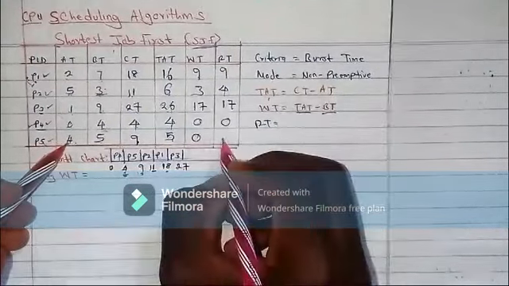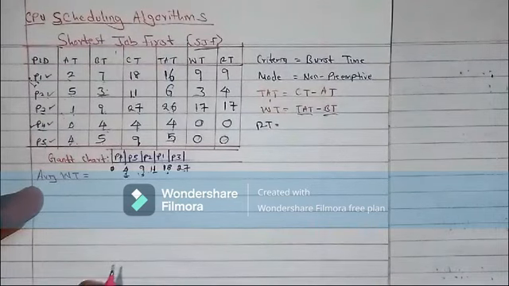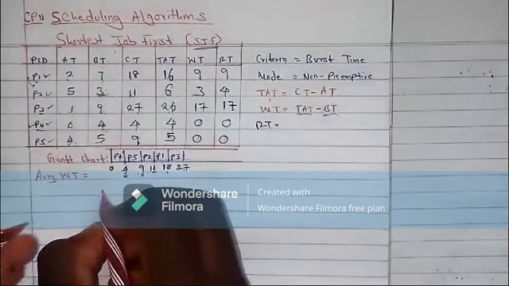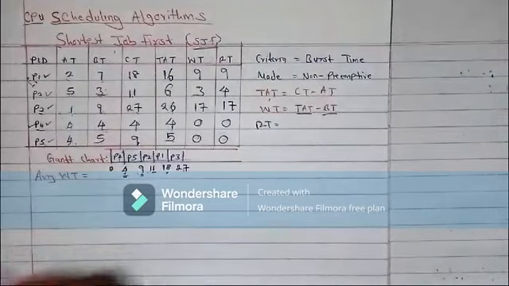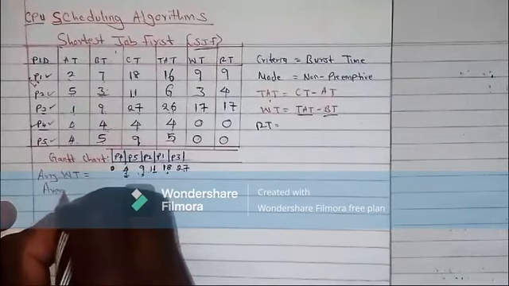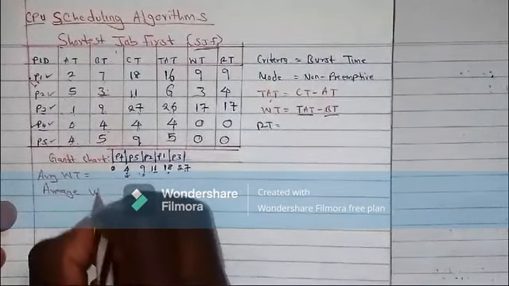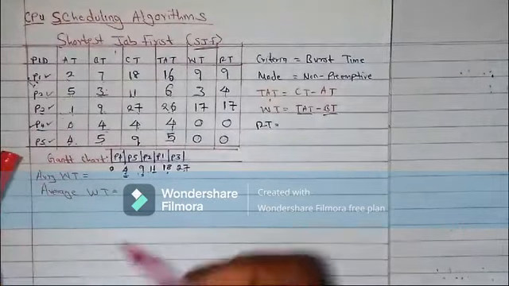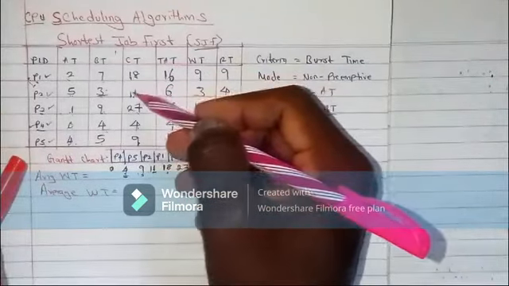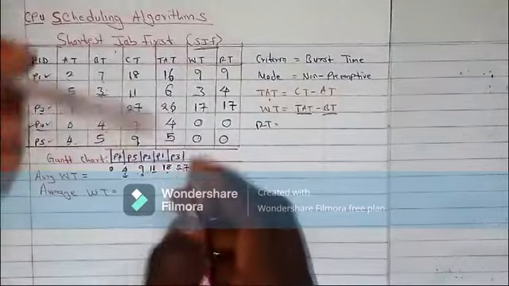Now, after doing that, we want to calculate the average waiting time. You add all the waiting times from process 1 to process 5. That is, the waiting times are here.